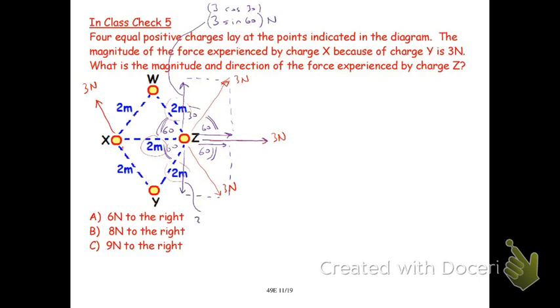And down here, this is 3 sine 60 newtons. And then this guy here would be 3 cosine 60 newtons. And down there, this would be 3 cosine 60 newtons. Sum of the forces vertically equals 0 because that's plus 3 sine 60 and that's minus 3 sine 60, yeah?